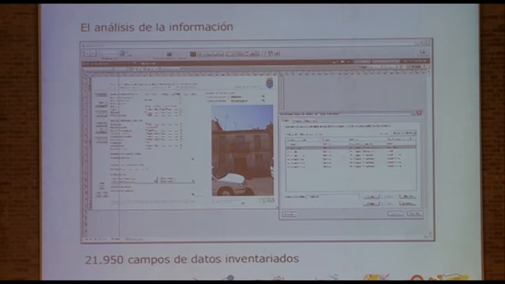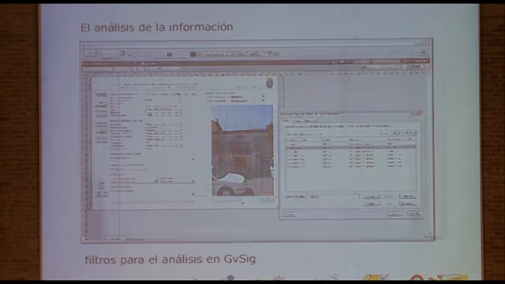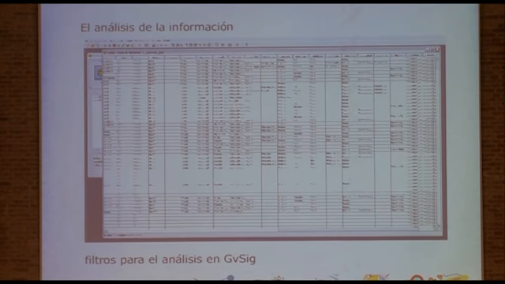This first step is very interesting, especially due to the volume, 22,000 fields just for the buildings. This type of data is referenced in the territory. So the most natural tool to carry out this analysis and these proposals is gvSIG, and that was the final step.